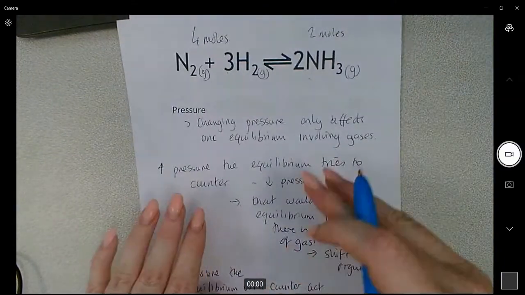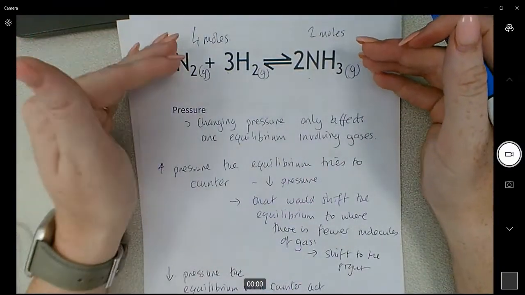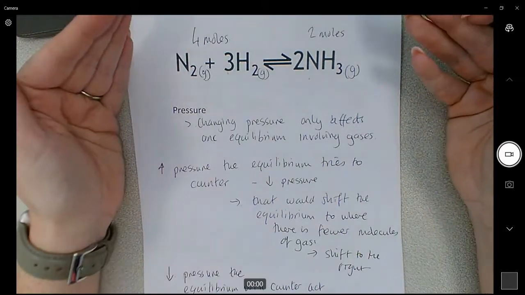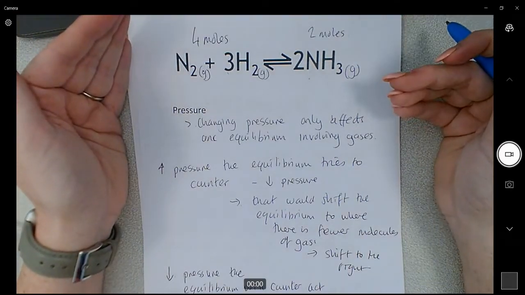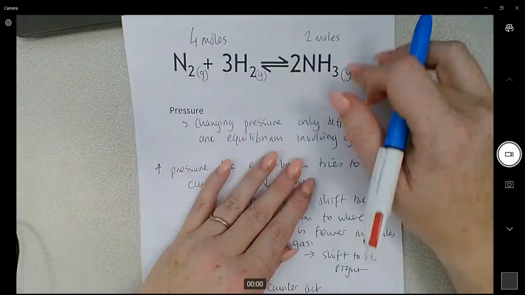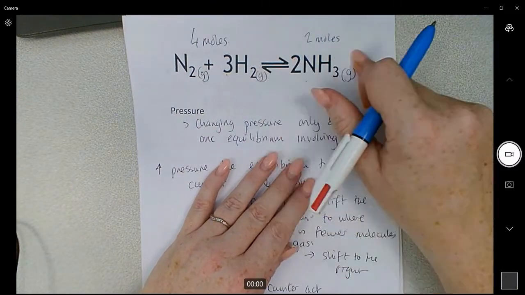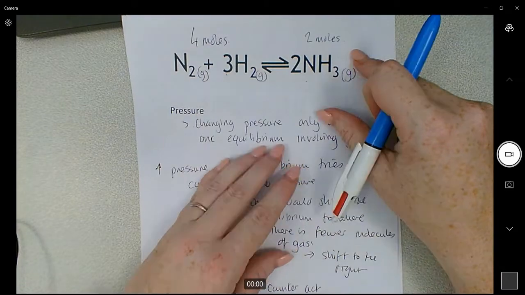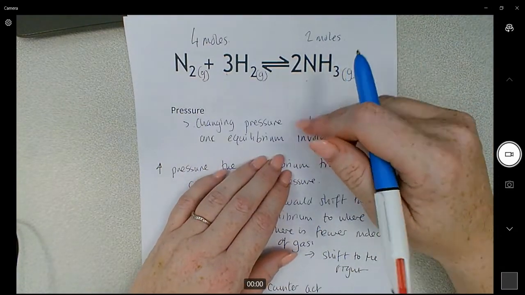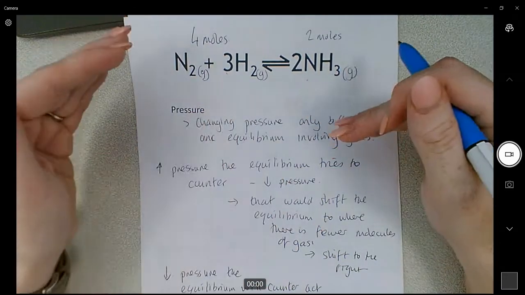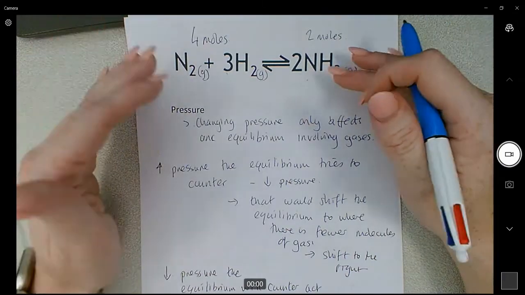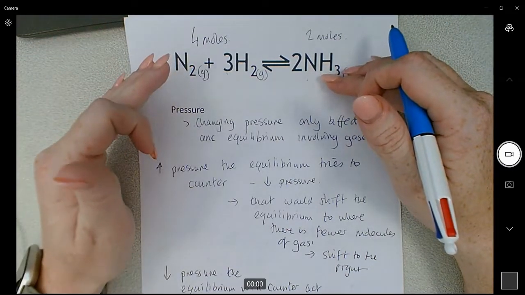And then as such, you can then say, well, actually, there's 4 moles here. So if I increase the pressure, the system will try to decrease the pressure. So it's going to shift it to where there's fewer moles. So over here, there's fewer moles. So therefore, increasing the pressure would favour the right reaction. If, however, I decrease the pressure, it's going to try to counteract to go to where there is more pressure. So therefore, it's going to go where there's more molecules.